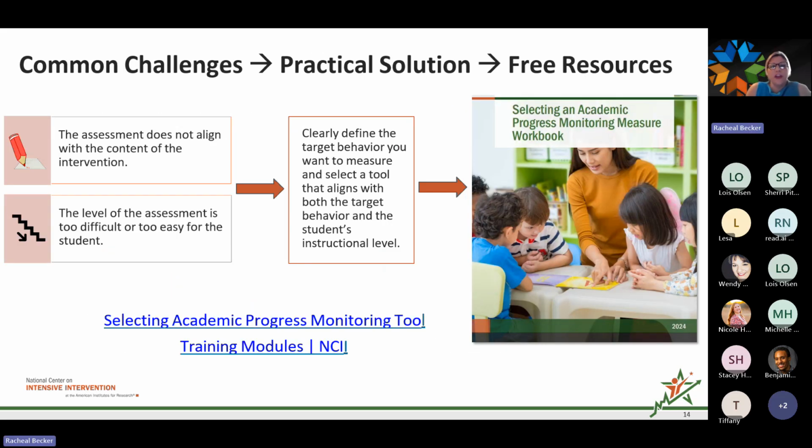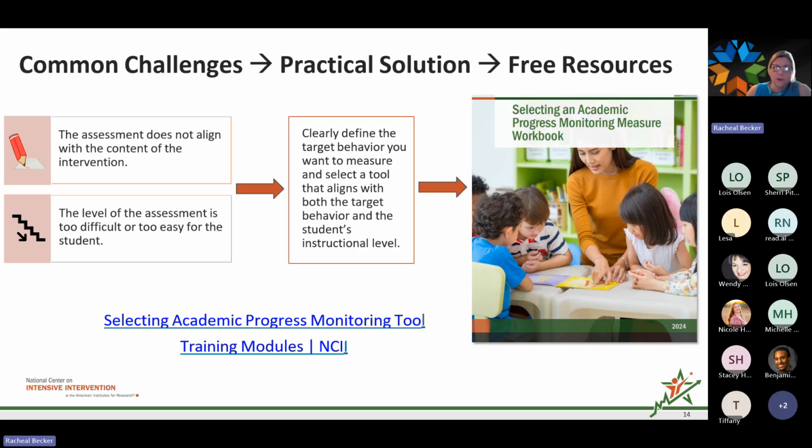So one of the common challenges that we find is misalignment between the assessment tool and the intervention content. They may have a tool that's too easy or too hard for the student. A practical solution is to clearly define what you're measuring and match the tool to both the skill and the student's instructional level.